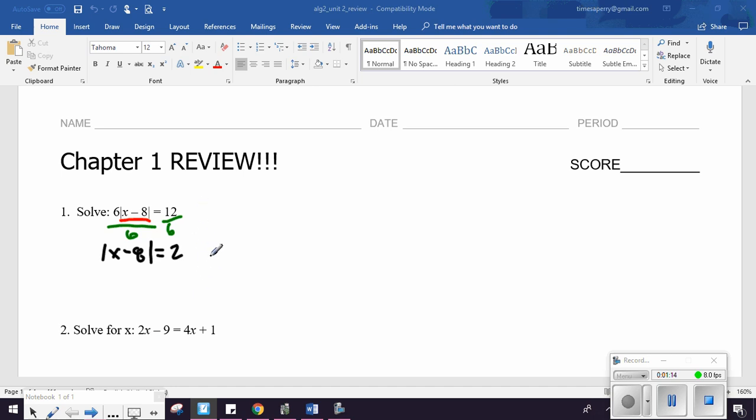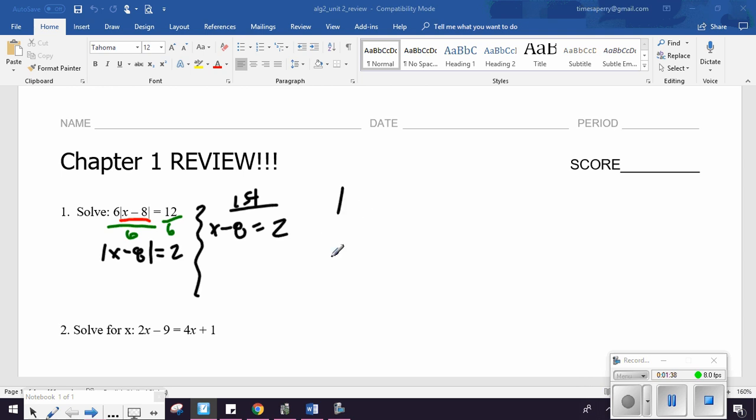Now, since it's an equation, you write the equivalent equations next. Remember, there's always two cases when dealing with absolute value. So the first case for this particular problem is x minus 8 equals 2.